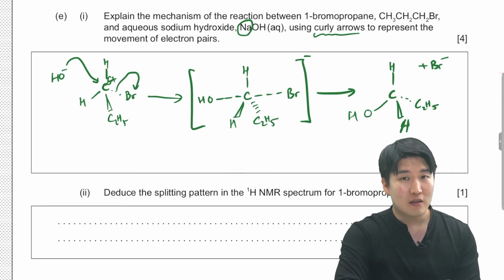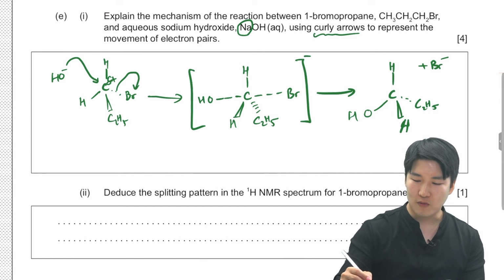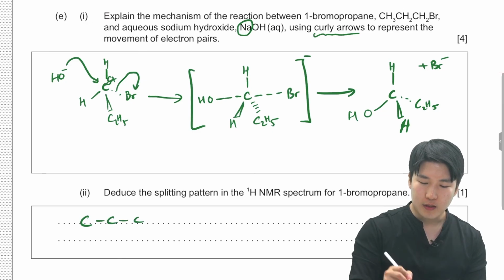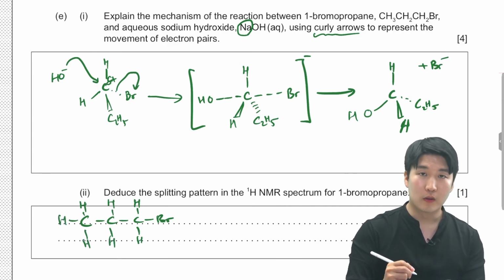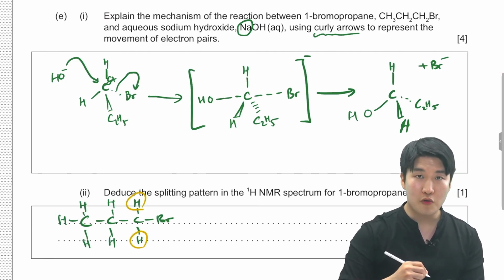Again, splitting pattern of 1-bromopropane. Let's draw 1-bromopropane out first. C, C, C, Br, 2 H's, 2 H's, 3 H's. We have 3 hydrogen environments.